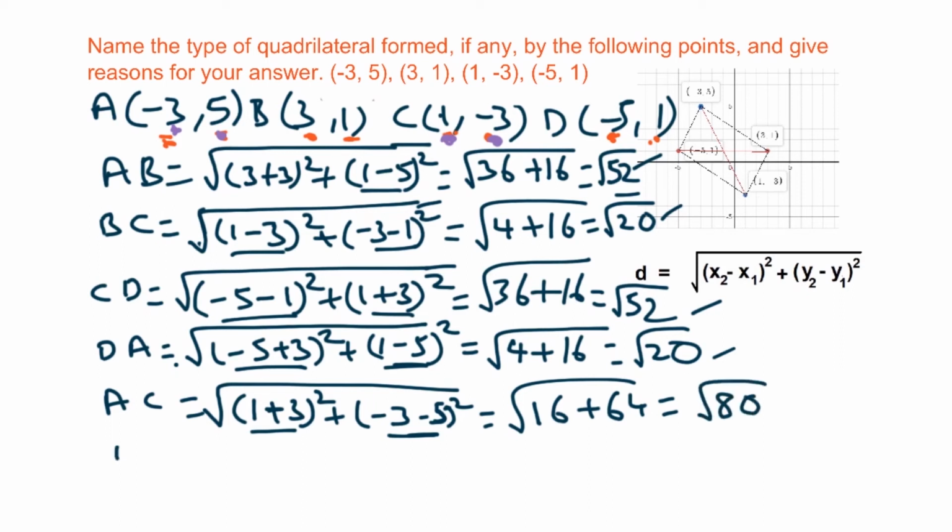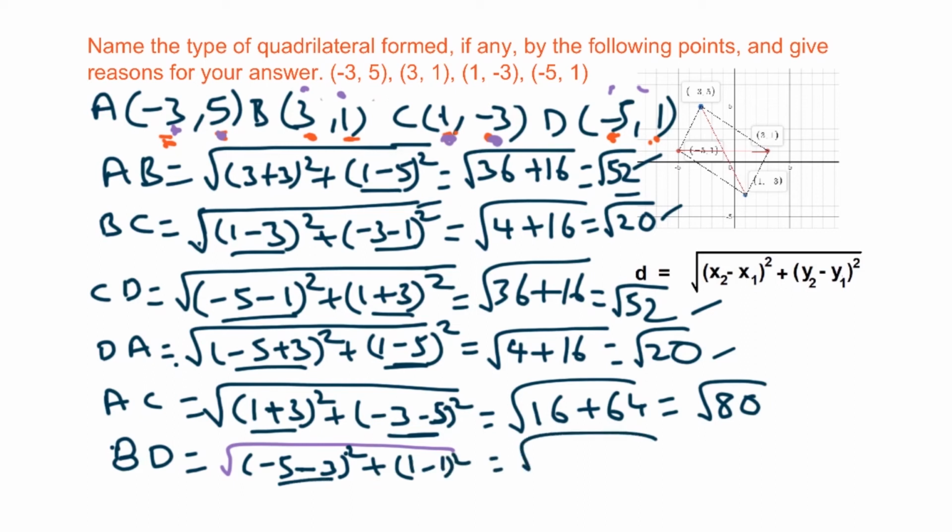Now we will find the second diagonal, which is BD. So consider this as x1, y1 and this as x2, y2. Square root of minus 5 plus minus 3 whole square, plus 1 minus 1 whole square.